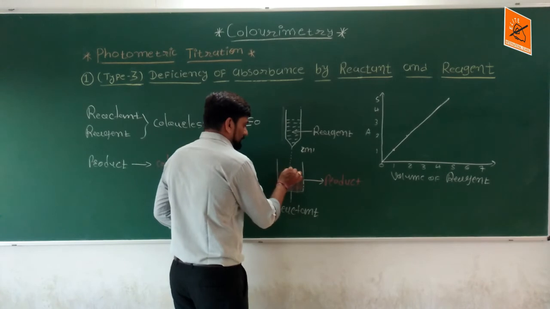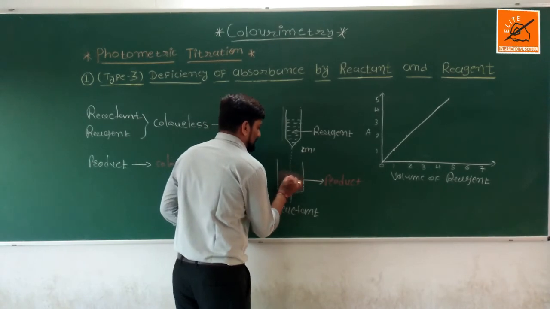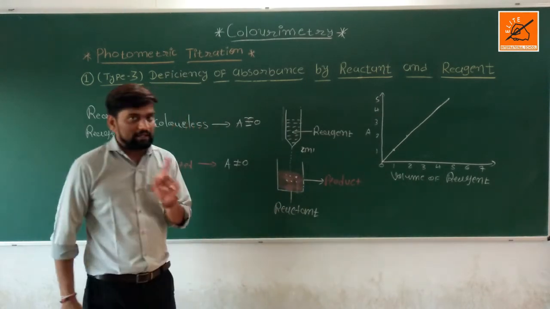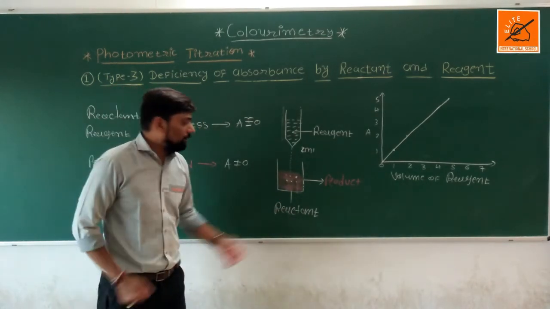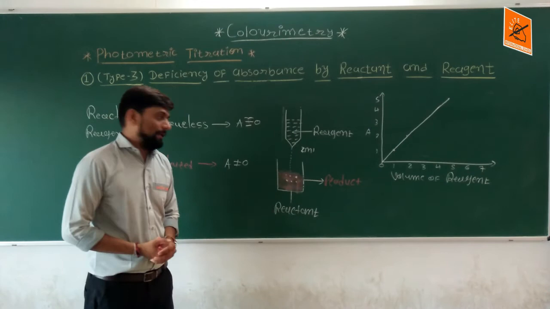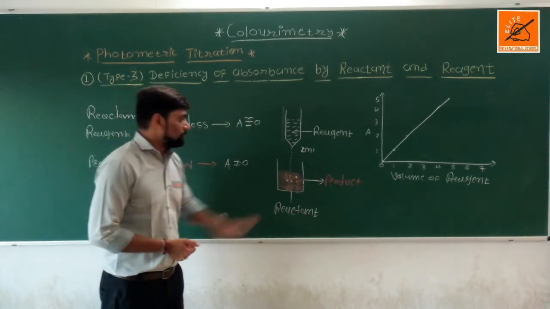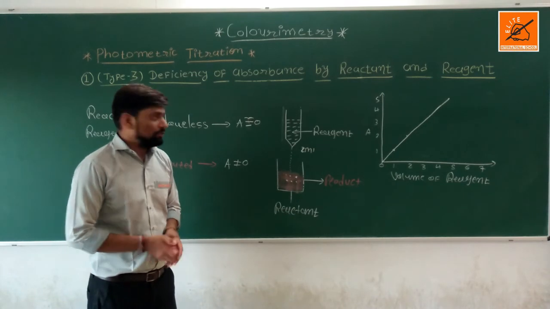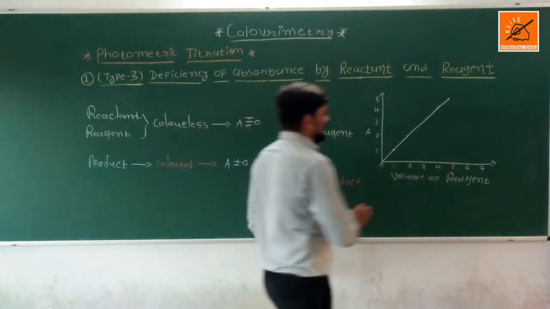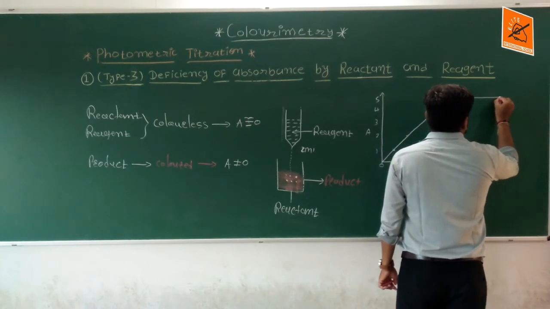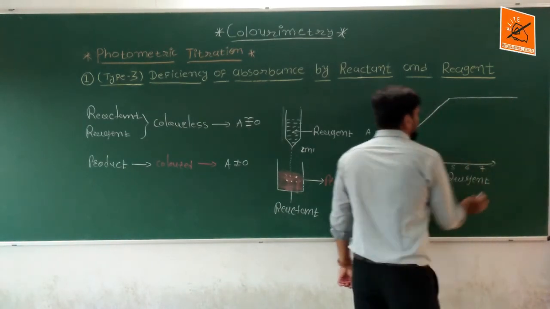This reagent is colorless and it is placed into the flask as it is, because reactant is no longer available in the flask. So the absorbance value is constant after the end point with addition of reagent.